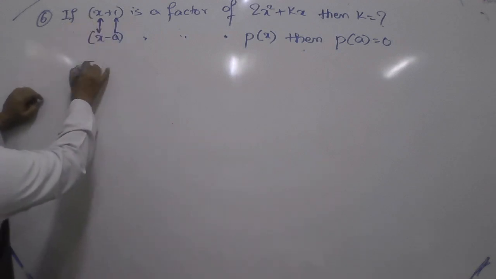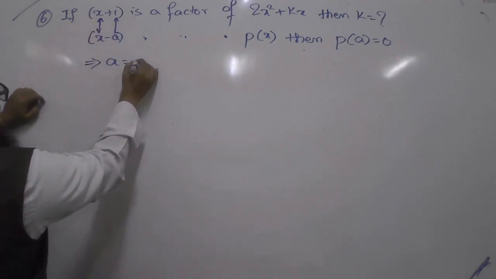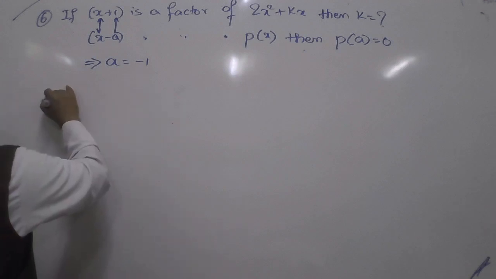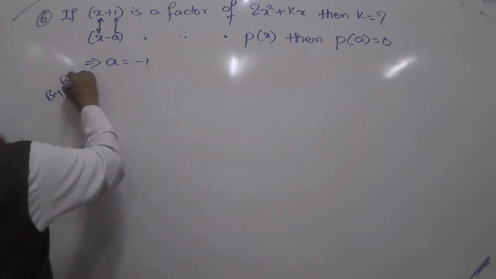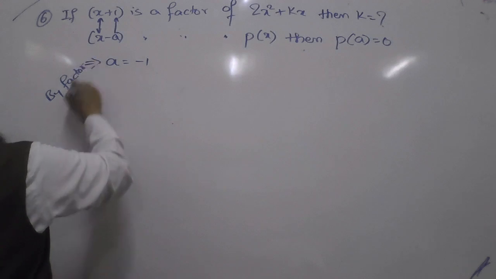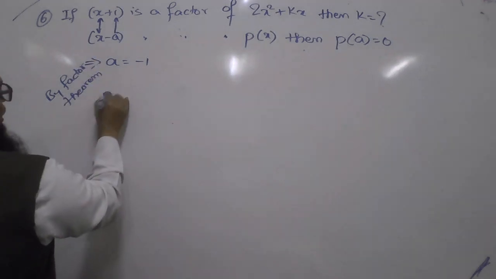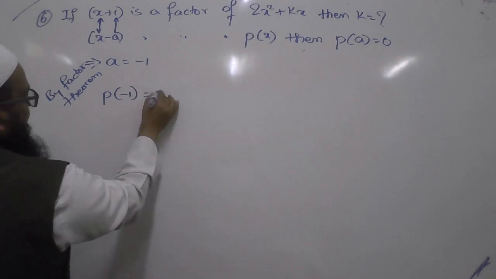So that implies what is a? A is equal to minus 1. So by factor theorem, P of minus 1 is equal to 0.